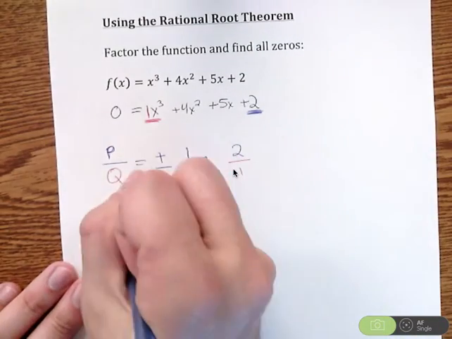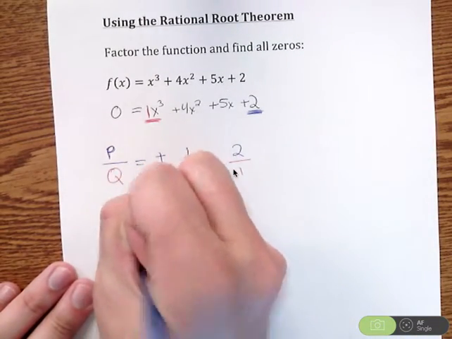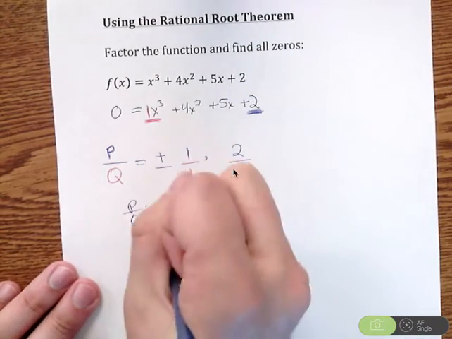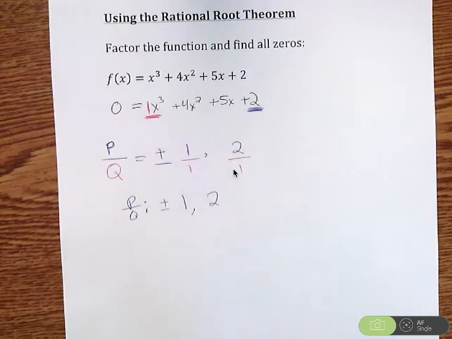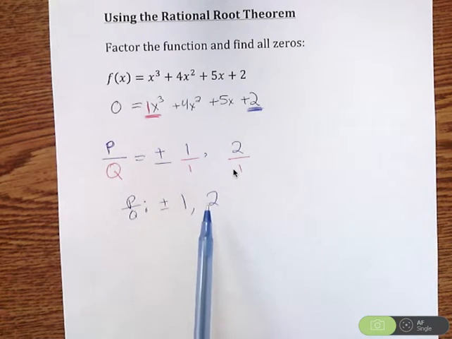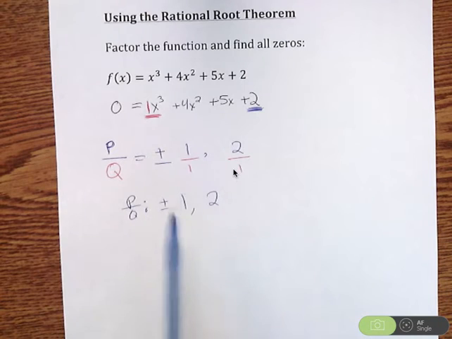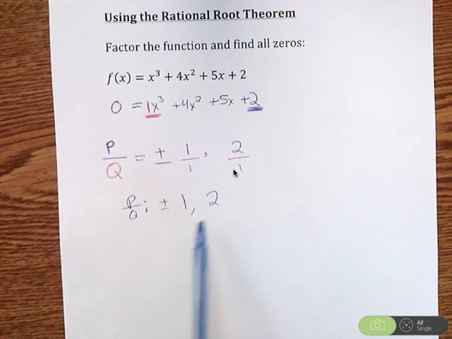So in general, my P over Q list is just going to have 1 divided by 1, which is 1, and 2 divided by 1, which is 2. So I have positive or negative 1 or 2. This is a list of all possible zeros of the function. Obviously, it's a possible list, so not every single number here is a 0, but the real zeros will be there.